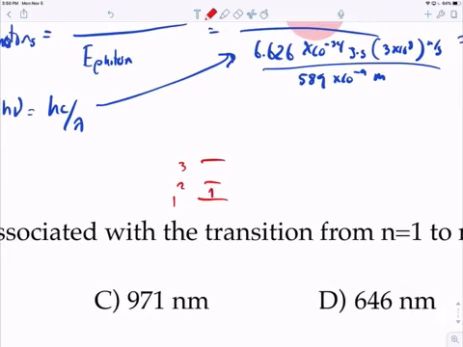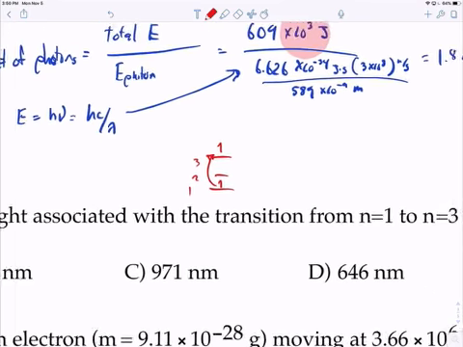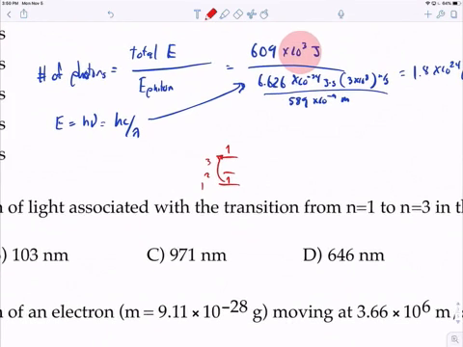So we have, this would be an emission. So 1, 2, 3, and the delta E, we've just covered this as the Rydberg constant, 1 over nF squared minus 1 over nI squared.